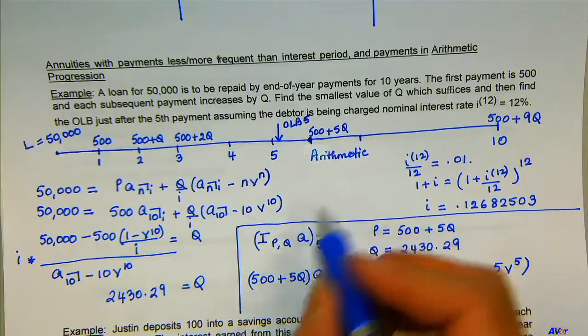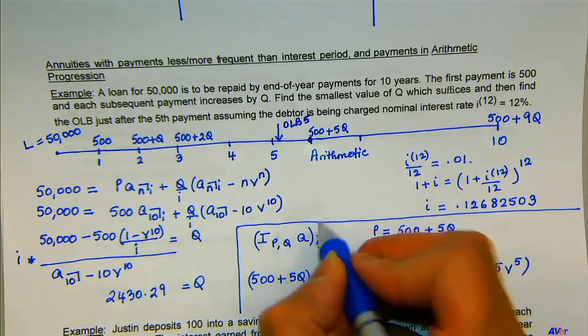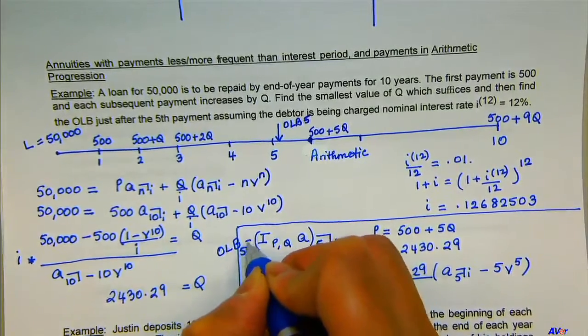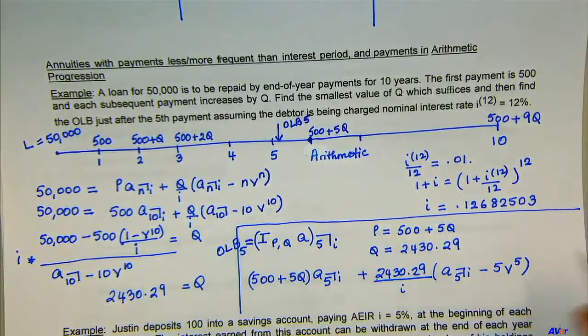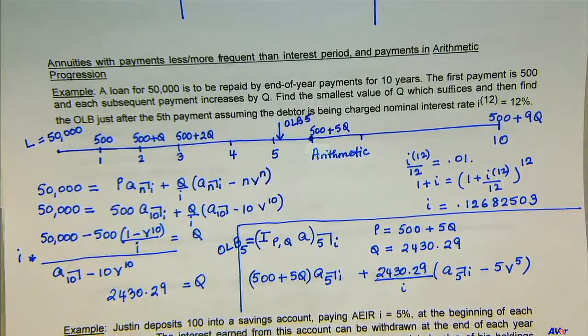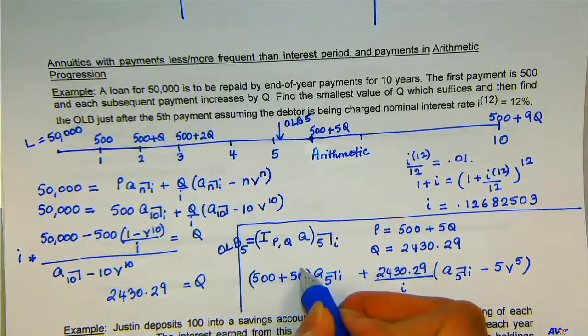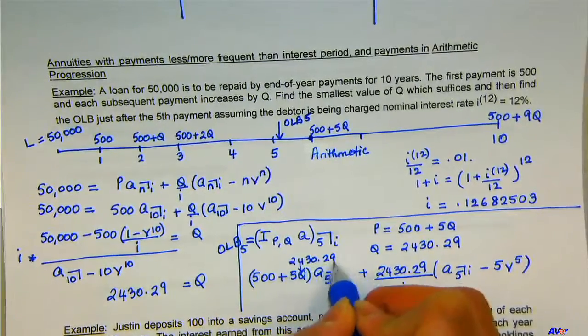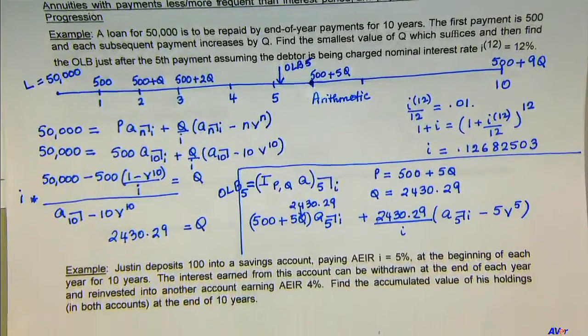This is equal to OLB5. So let me write here OLB5 equals, and then clean this mess up. Plug in your Q here and stuff, 2430.29. So doable.